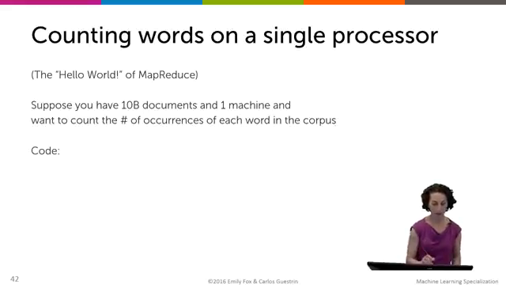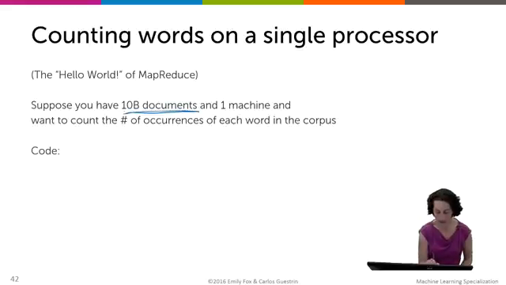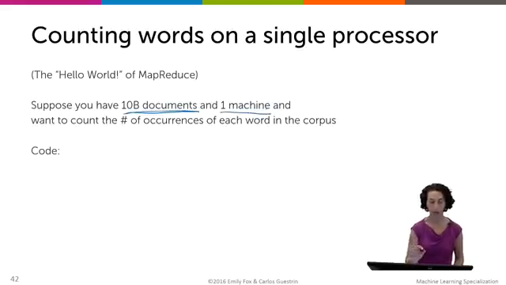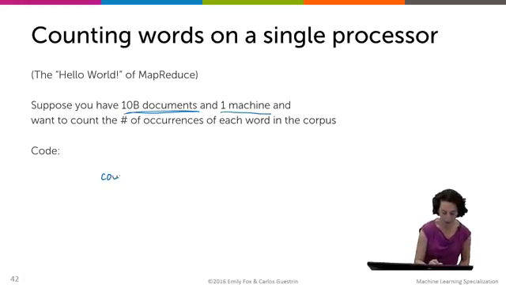Okay, but for now, let's imagine that we have 10 billion documents and just a single machine, and we want to count the number of occurrences of every word in the corpus. So how are we going to do this? Well, to begin with, we're going to initialize a hash table, which we call count.